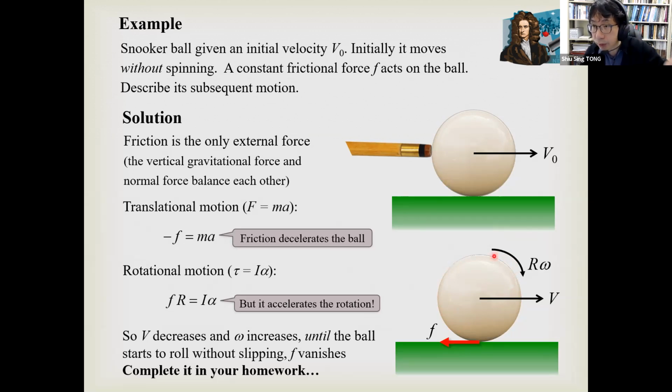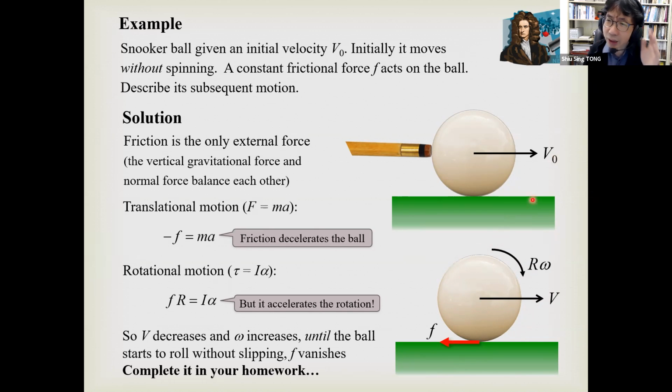It tends to rotate the ball in the clockwise direction. So eventually, the linear velocity will decrease because the frictional force decelerates the white ball, right? But the rotational speed will increase because the frictional force produces a torque to speed up the rotation.